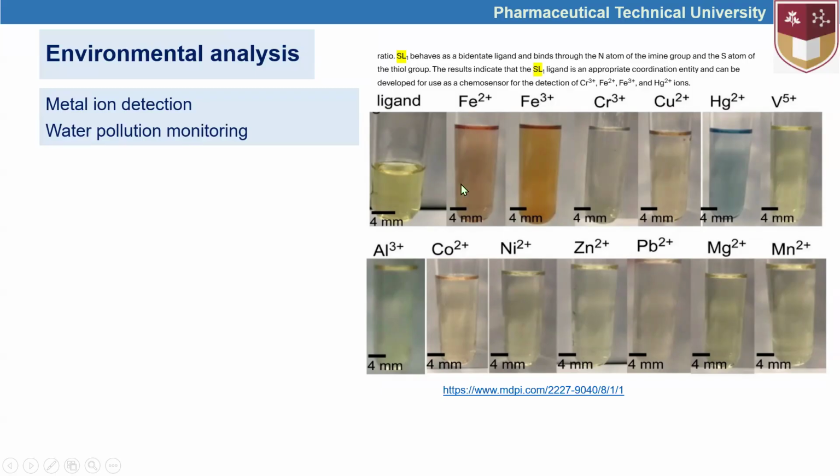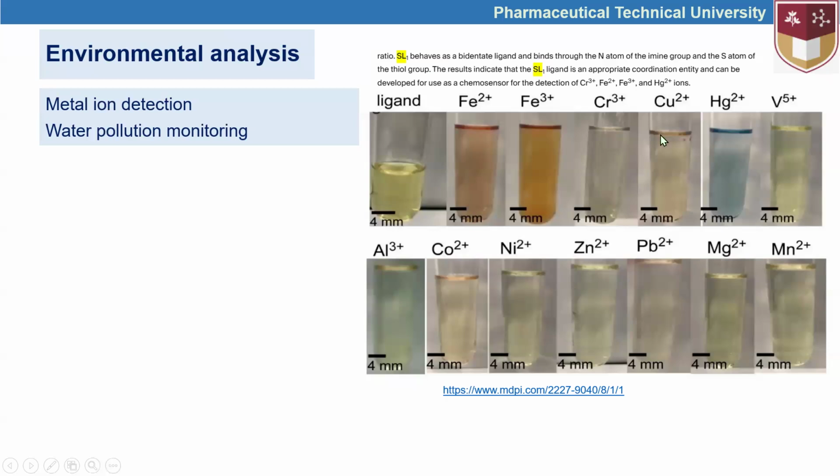With iron ions, it developed this kind of brown, light brown color, and a similar color with less intensity was found with cobalt, as shown here, or with copper ions, and with tungsten. This kind of color was developed.